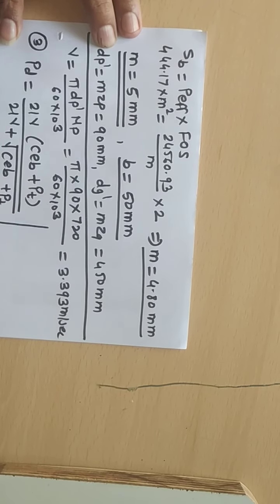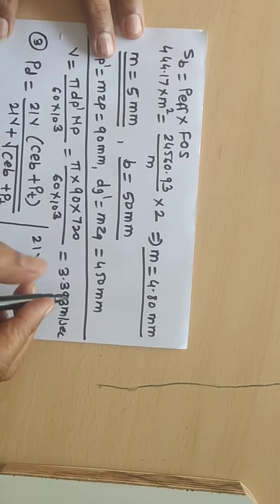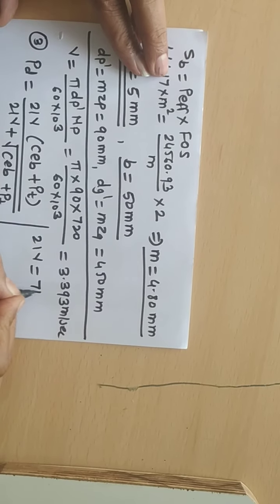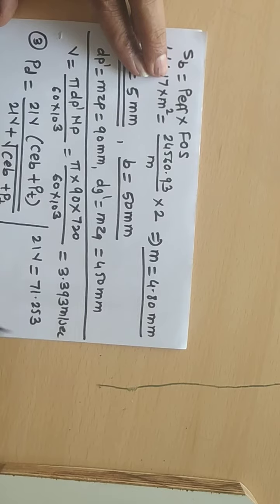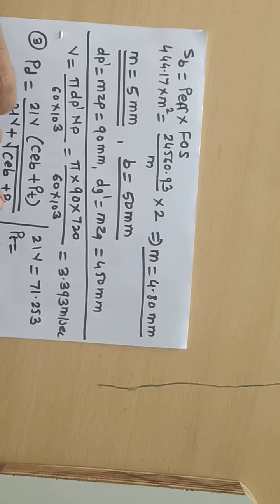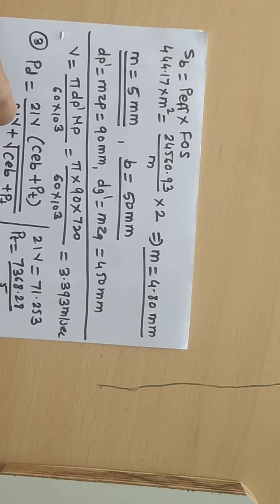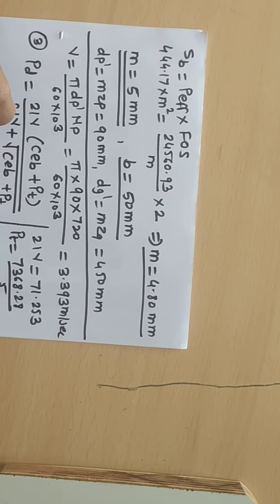Now for this we require 21V, that is 21 into 3.393, that is 71.253. Then PT is required, PT is equal to 7368.28 upon M, that is 5 mm. Therefore PT is equal to 1473.66 Newton.